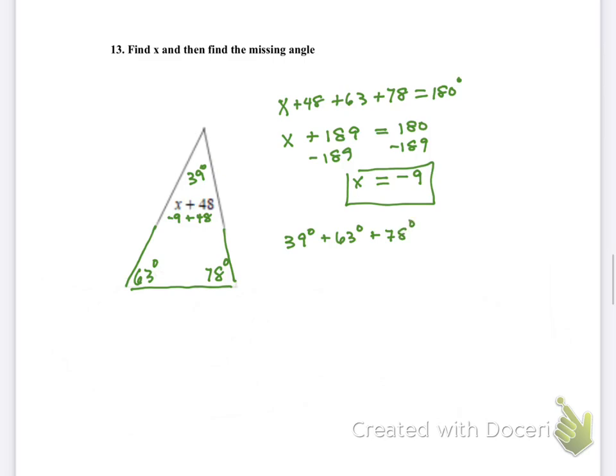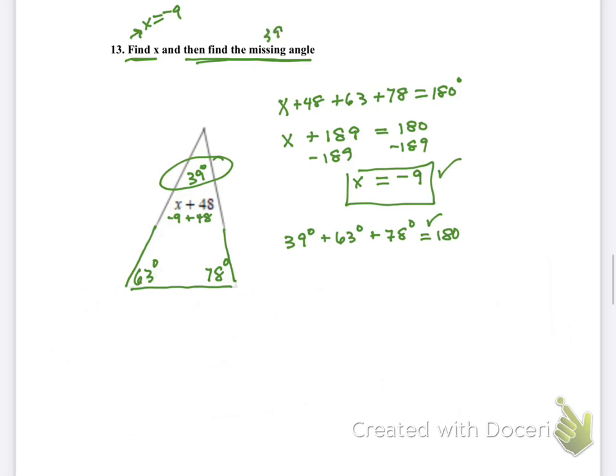So 39 plus 63 plus 78, and it does indeed equal 180, so I know I'm good. So the missing angle was 39 degrees. That's part of the answer you needed, and x is negative 9. And that would satisfy the requirements for number 13 because it said find x and then find the missing angle. So if you only find x, you will only get half of the credit. Okay, the missing angle was 39 degrees.